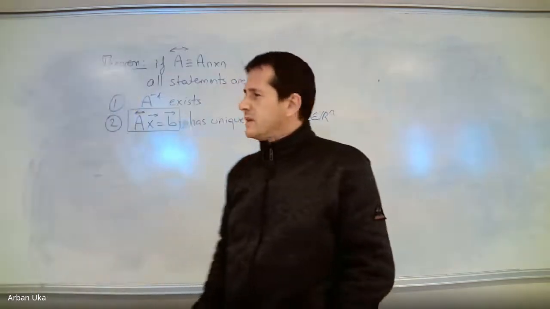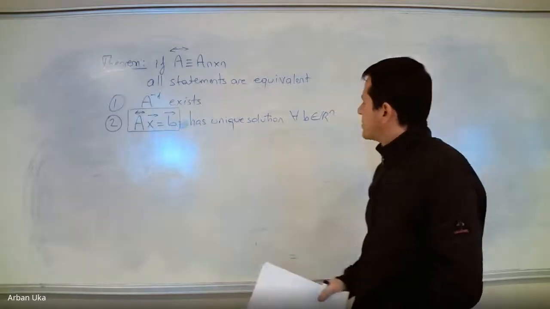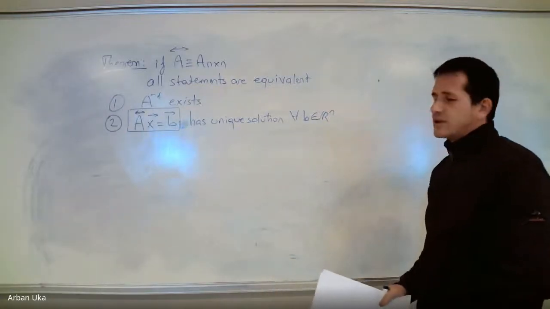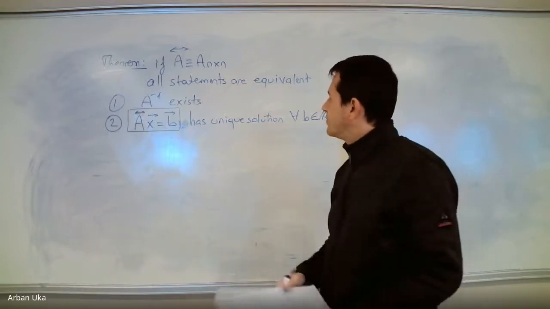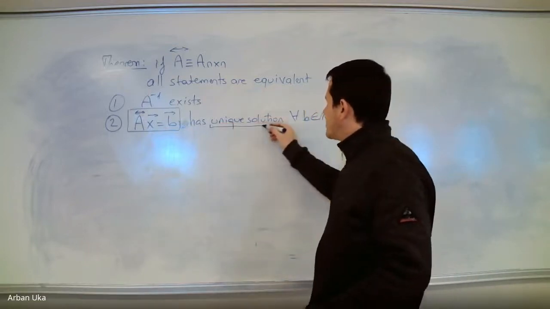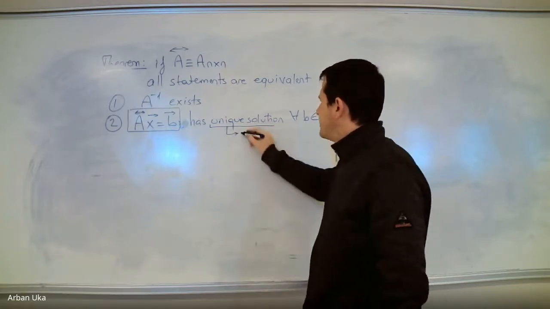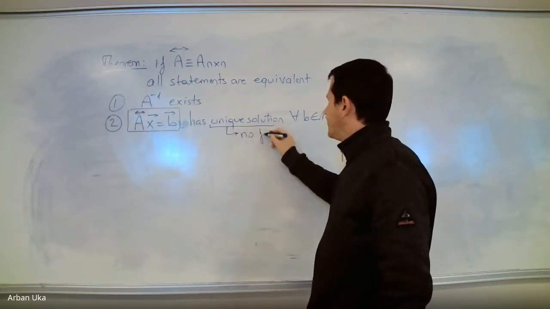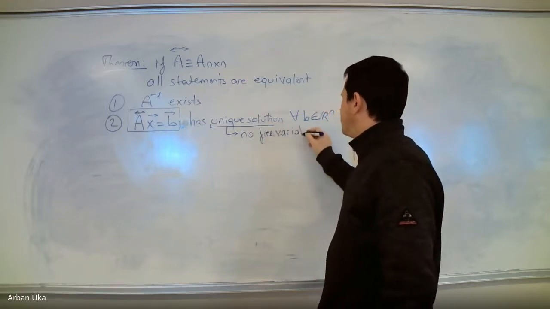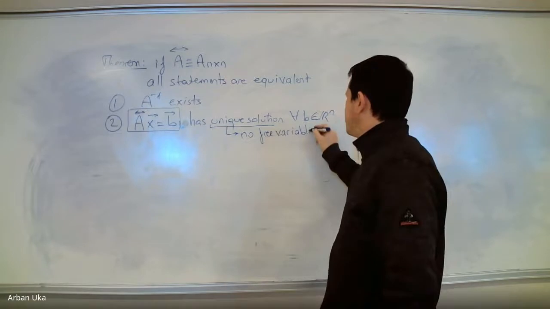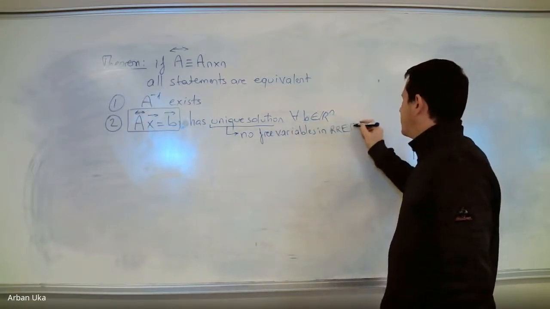But it looks like if the inverse of a matrix exists, then this always has a unique solution. When we say it's a unique solution, what can you conclude from here? Some of us might remember that having a unique solution means that we have no free variables in reduced row echelon form.